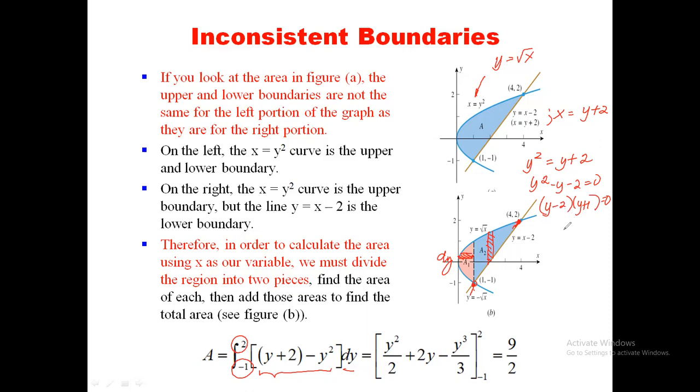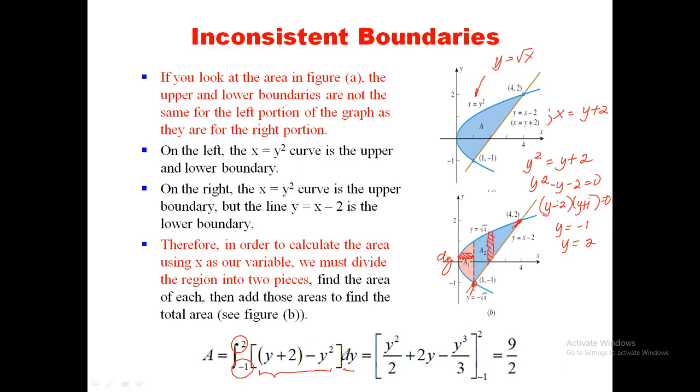So in the process, you'll be getting a y which is negative 1, and a y which is 2, after you equate these factors one by one to 0. Do you get it? That's the reason why you will have here a negative 1 to 2. So you'll have the lower limit as negative 1, starting in here, to 2.